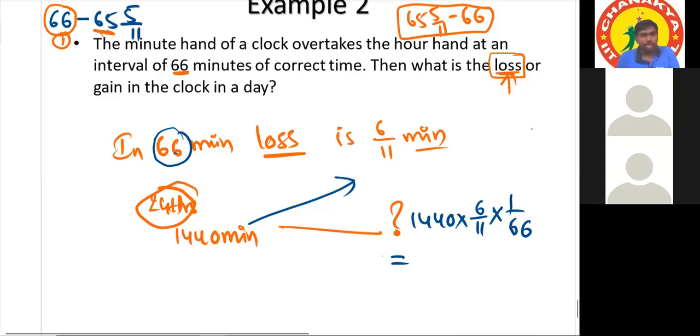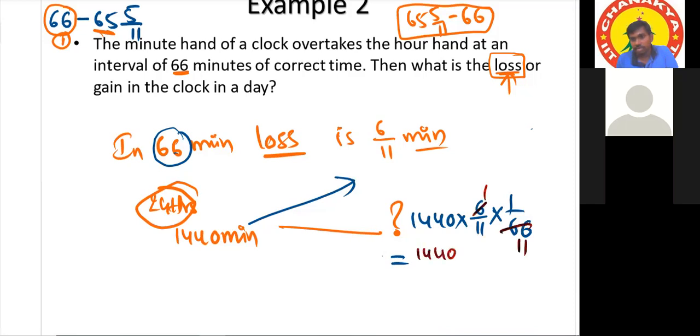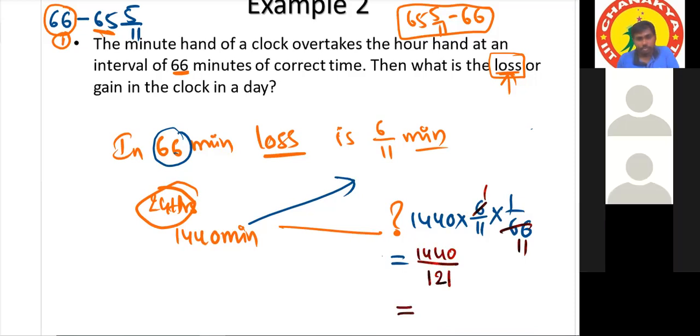Okay, do this simplification and we'll wind up. 6 one time, it is 6 11 times. So it will be 1440 by 121. 121 is nothing but 11 square, right? 11 cube is how much? 1331.